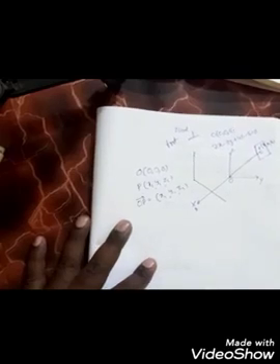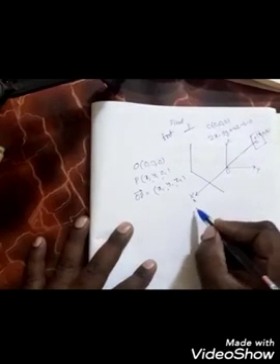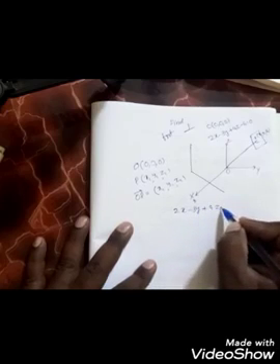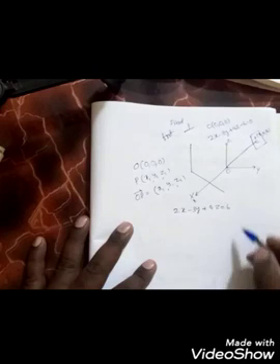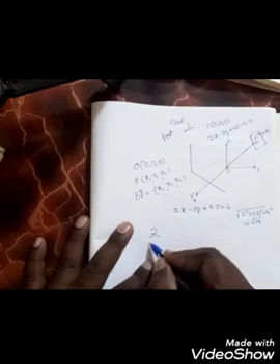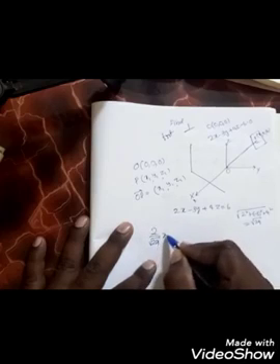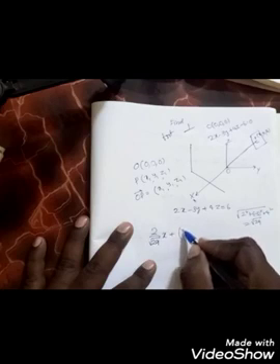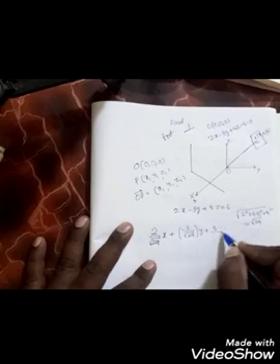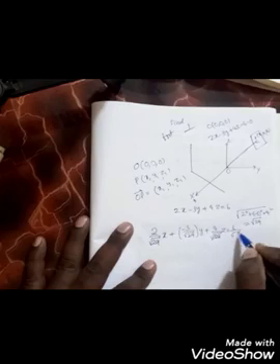Now, what is the given equation? The given equation of the plane is 2x minus 3y plus 4z minus 6 equal to 0, which we take as 2x minus 3y plus 4z equal to 6. Now the root of 2 square plus minus 3 whole square plus 4 square gives root of 29. Dividing the equation, we get 2 by root 29 x plus minus 3 by root 29 y plus 4 by root 29 z is equal to 6 by root 29.